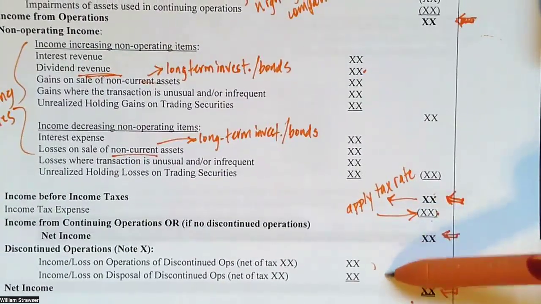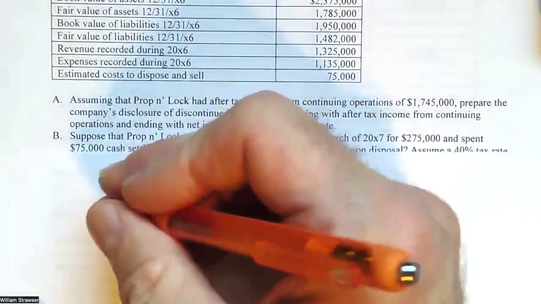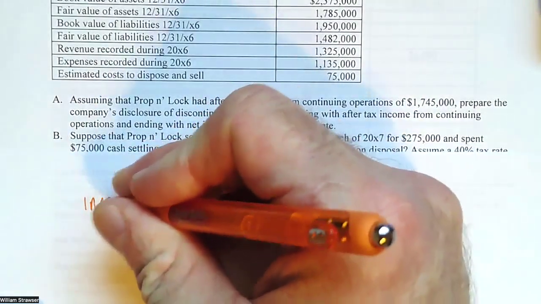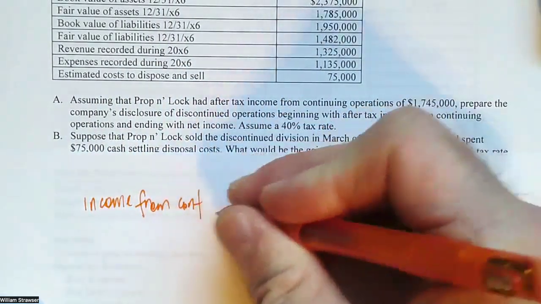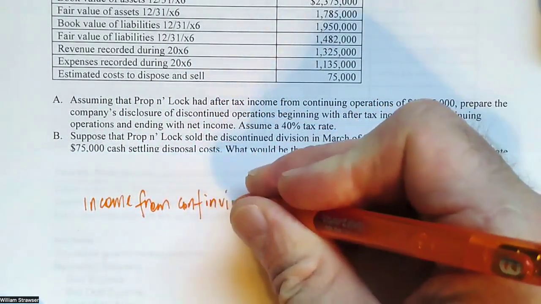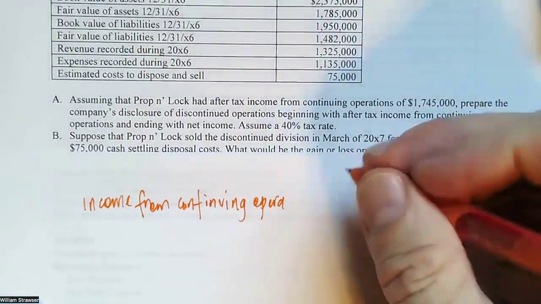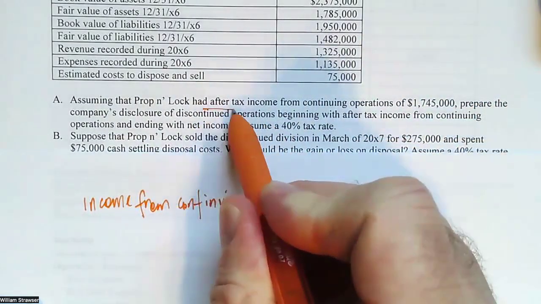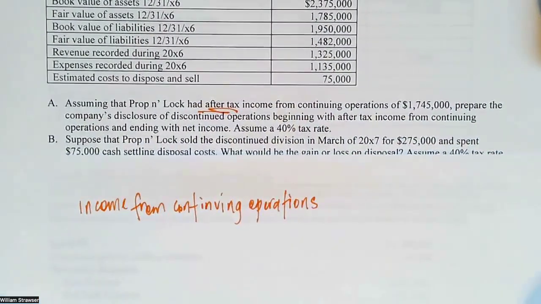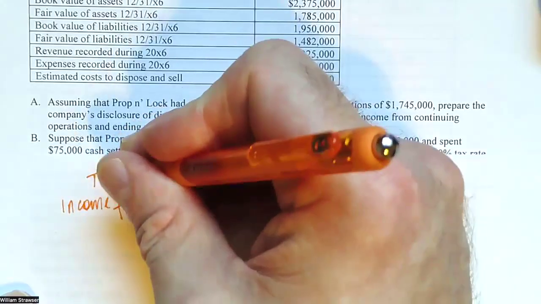And then after that, it brings in the discontinued operations. So if we start the disclosure with that income from continuing operations, we also want to be very cognizant of whether this income from continuing operations is net of tax or not. And in this case, it says yes, they had after-tax income from continuing operations. So we don't have to do anything else with that particular piece.